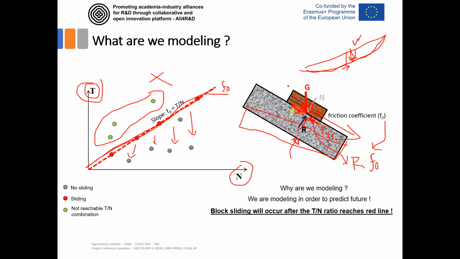The question is, where is the water in this theory? Where does the water come in? It can be recognized very simply, because this component N is actually changing if you have water increment here.